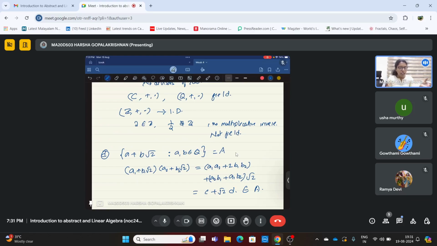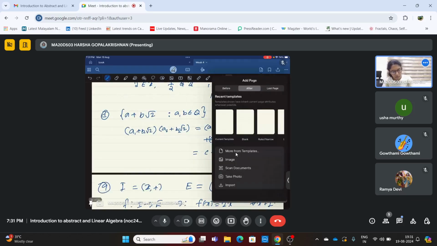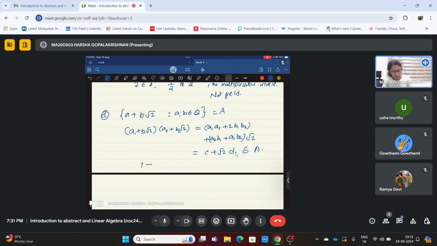In the same way, associativity is a very easy thing to do, and for identity, 1 will act as the multiplicative identity. Also if we are multiplying a1 plus b1 root 2 into a2 plus b2 root 2, it will not be 0 if both are non-zero.